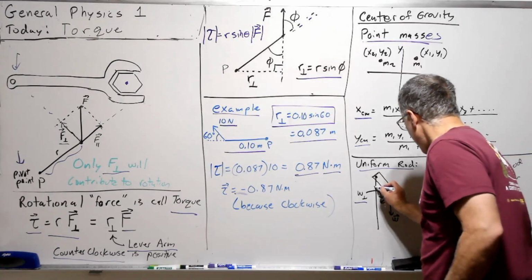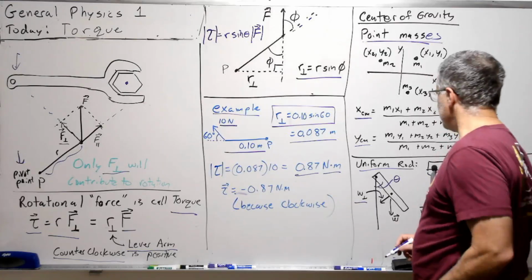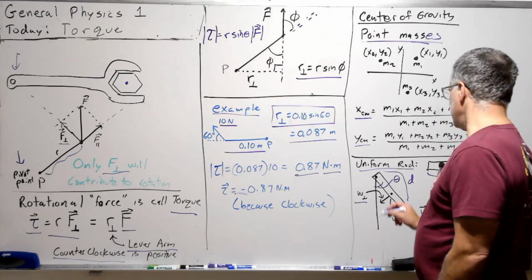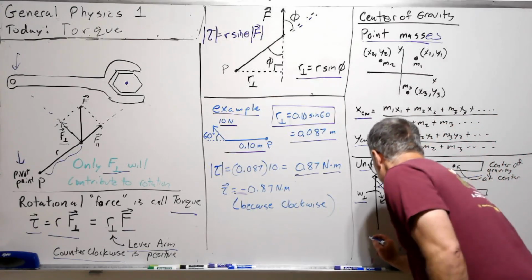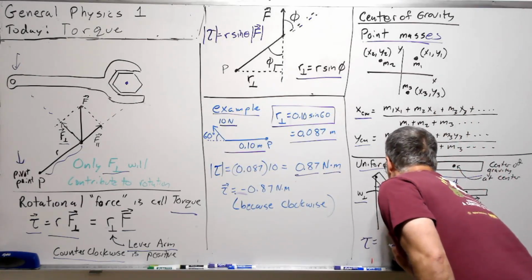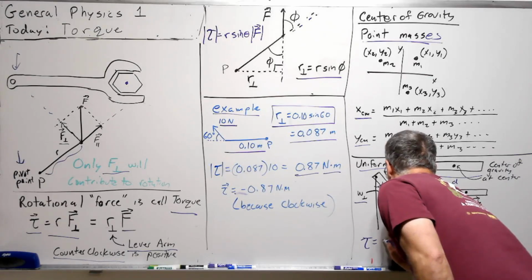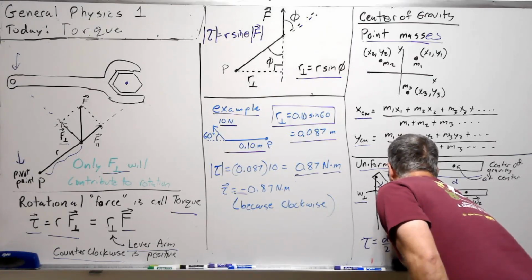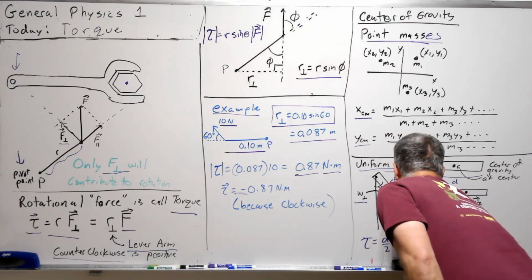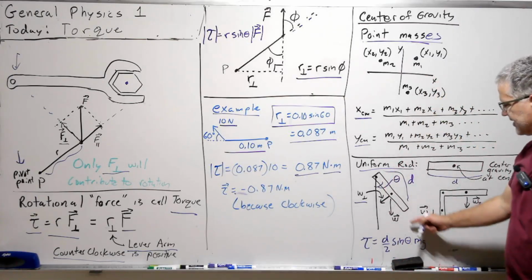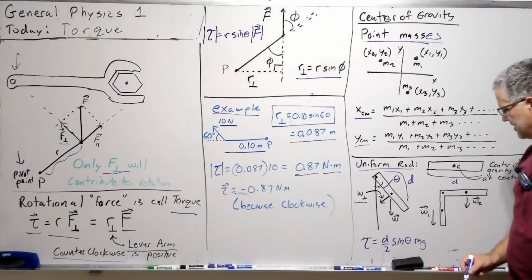And so if this is some angle theta, and this is some length D, then our torque is going to be D over 2 sine theta, and then mg, where m is the mass of the whole bar.